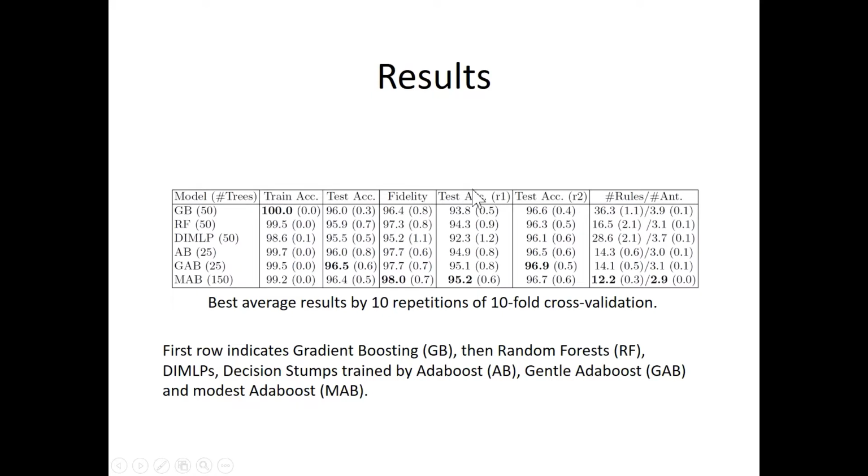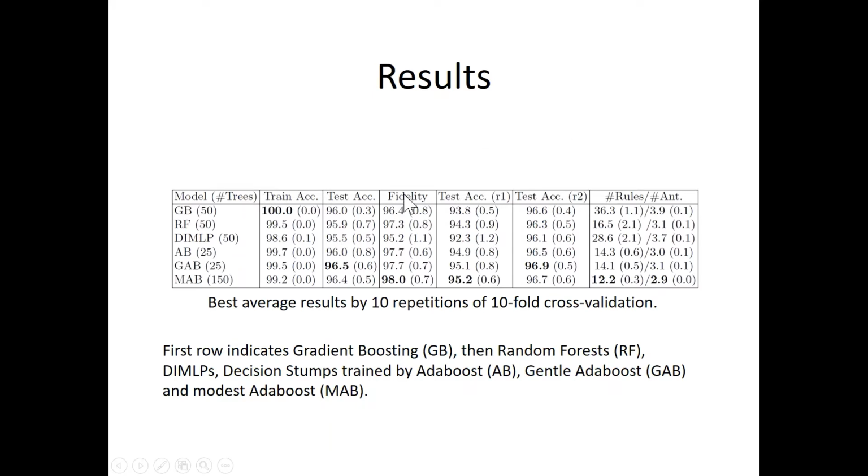So this is the testing accuracy with the rules alone, but if we take into account the predictive accuracy of the rules when the rules agree with the model, it's even higher. For instance, here it's 96.9.